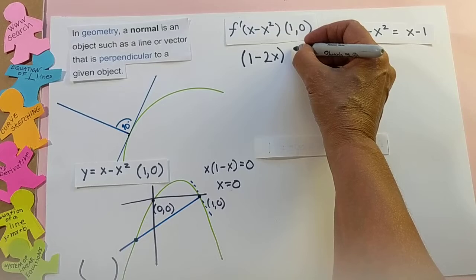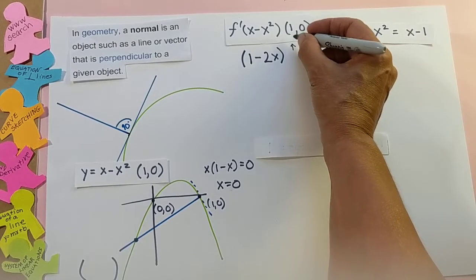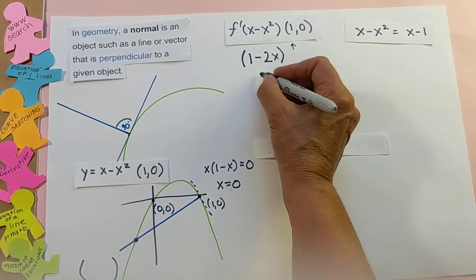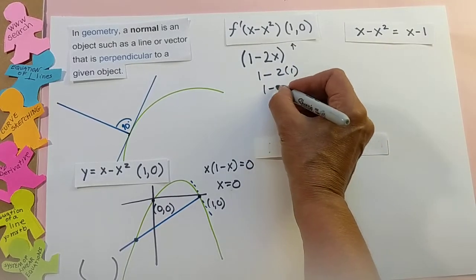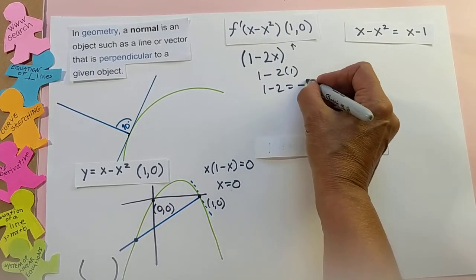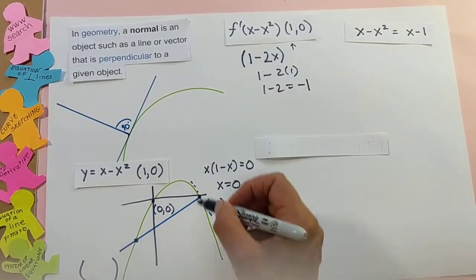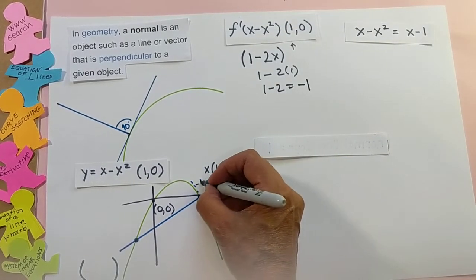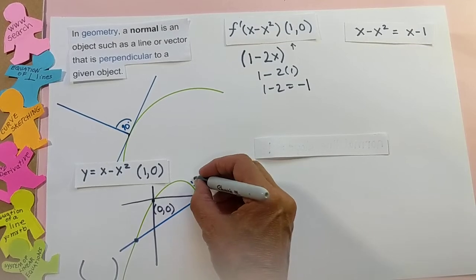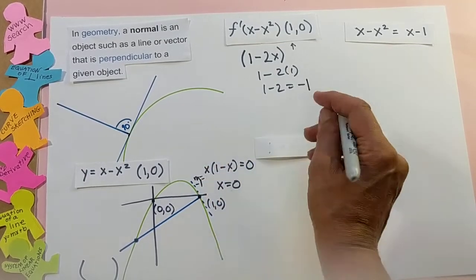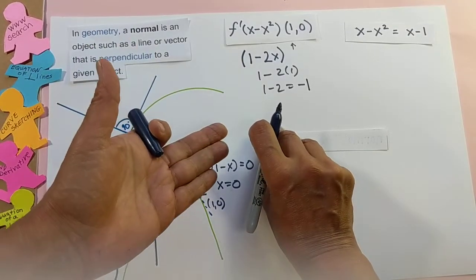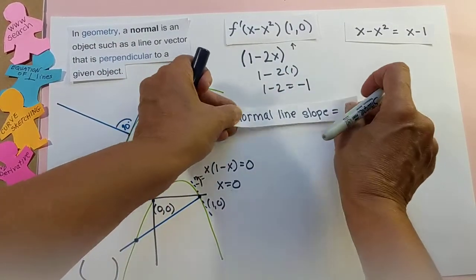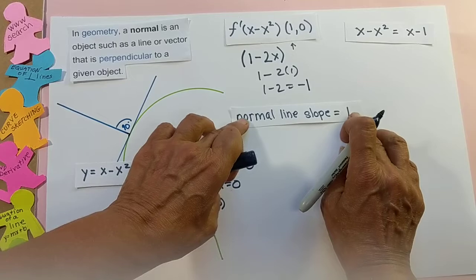And we want to find the slope where x equals 1, so that's 1 minus 2, so it's negative 1. So the slope of this line right here is negative 1. That looks right. Okay? So now the negative reciprocal of negative 1 is 1, so my normal line slope equals 1.